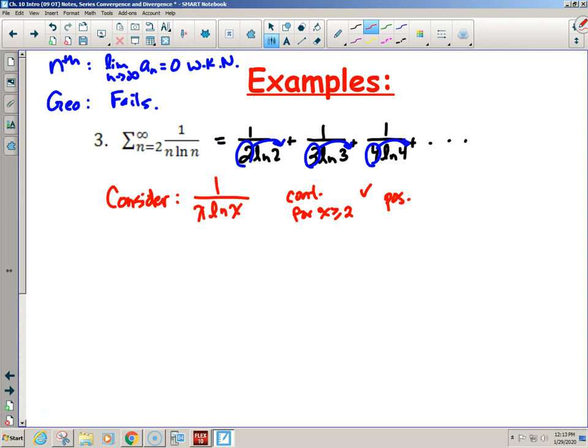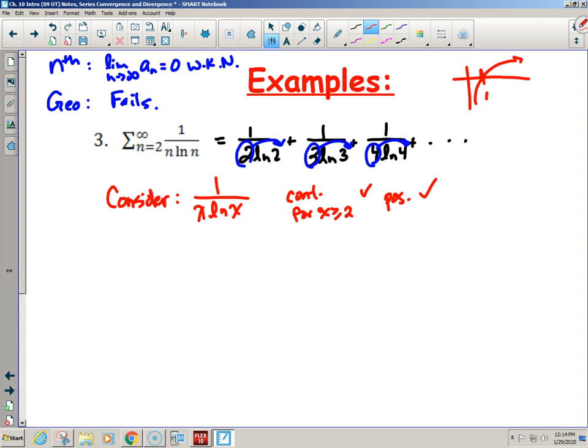Is ln always positive? No. But what is ln positive after? For 1 and above, which means 2 and above. So yes, ln is positive for x greater than or equal to 2. Is ln increasing?